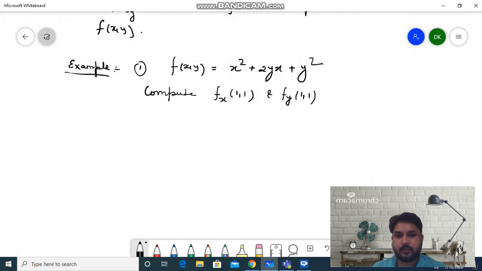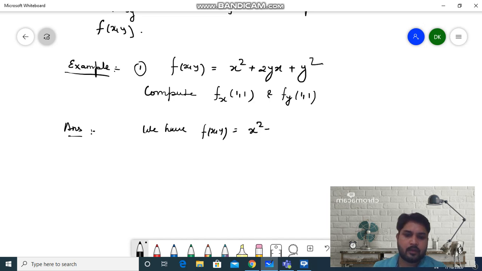Since we have f(x, y) equal to x square plus 2xy plus y square, first of all we will find del f upon del x at point (a, b). So we will differentiate this equation partially with respect to x.